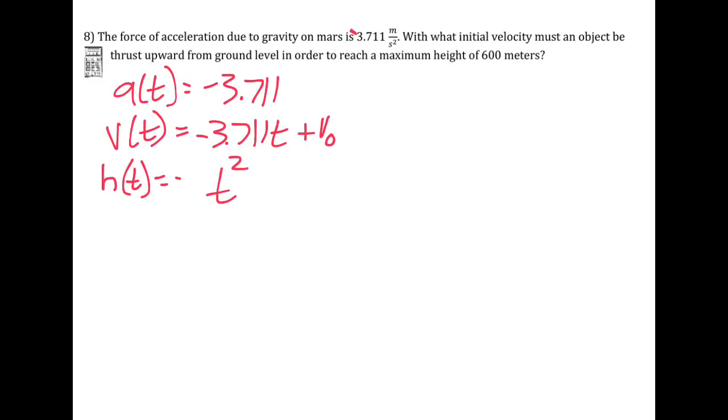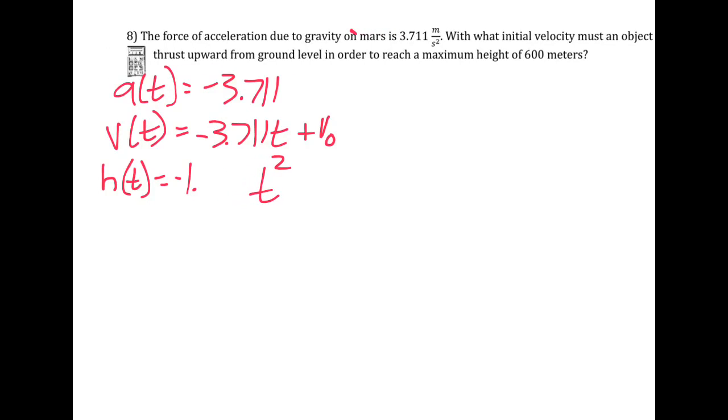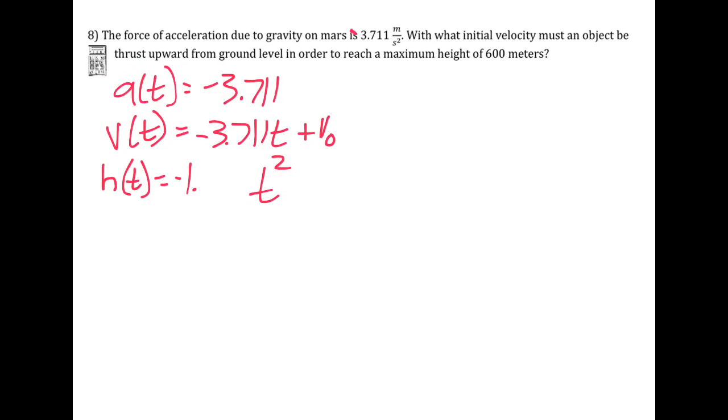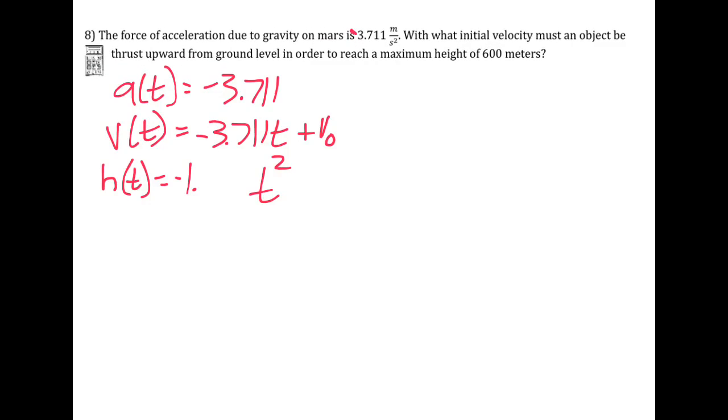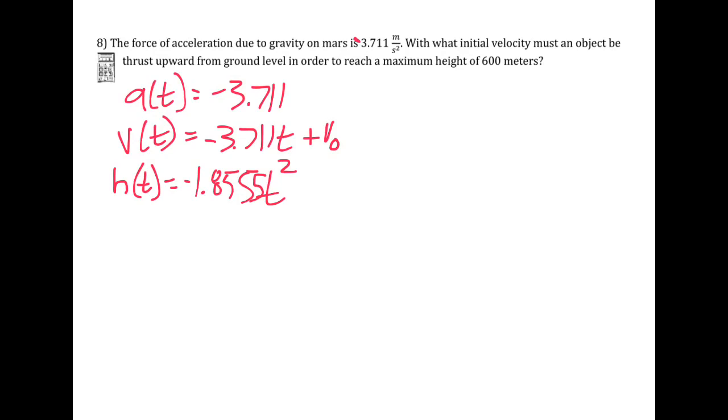Negative 1.855 is half of 3.711, roughly. Let's just use it, and we'll be exact now. Okay. T squared plus v naught t plus our initial height, which is 0 because we're launching it from ground level.